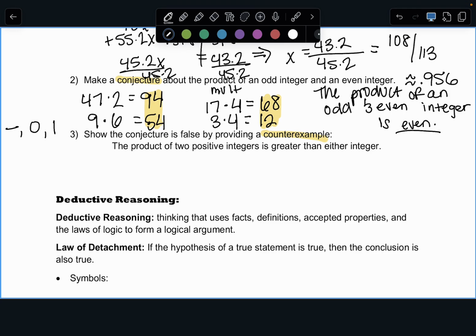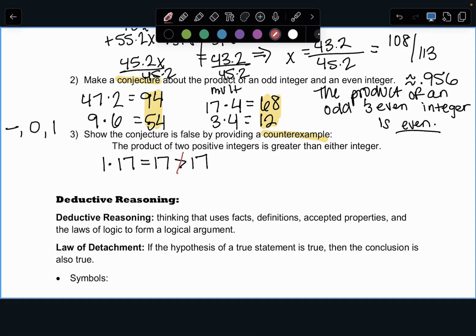But none of those are positive. Jordan, focus. None of those are positive besides 1. So let's look at 1. Someone give me another integer that's positive. 17. What's 1 times 17? 17. Is 17 greater than 17? No. So therefore, it's a counterexample. It's not greater than either integer.